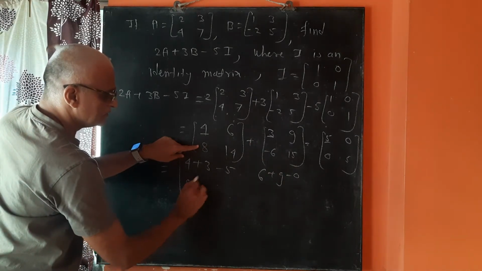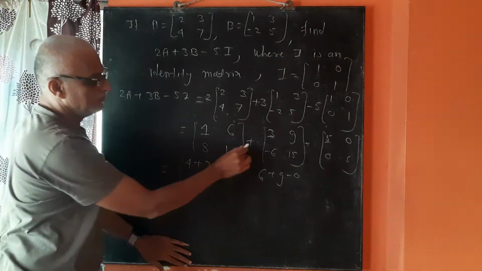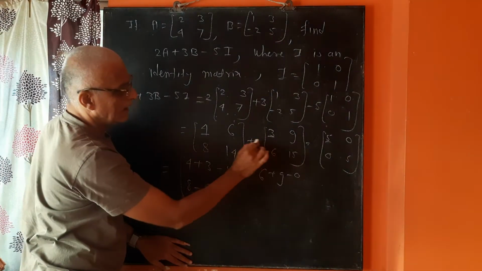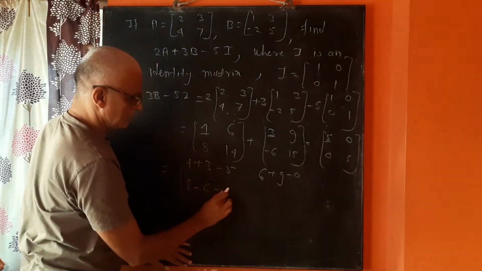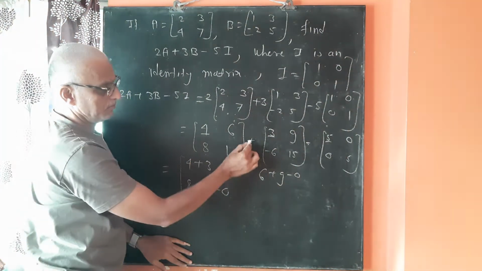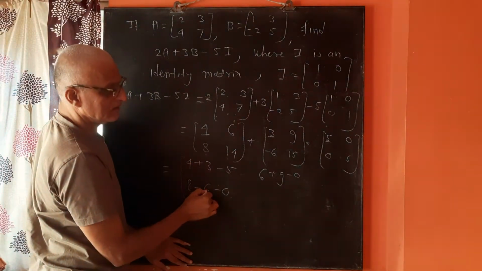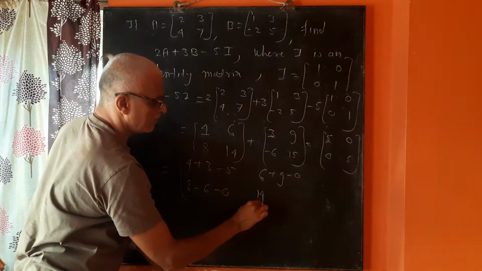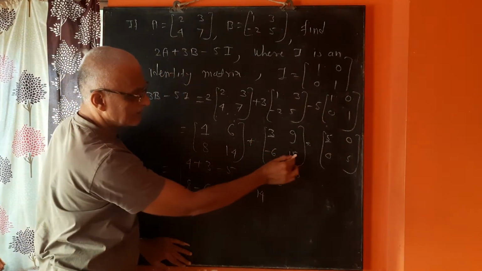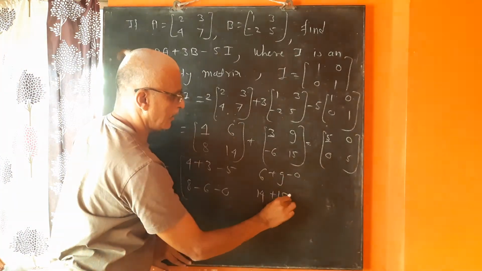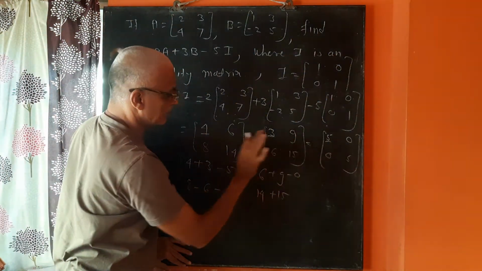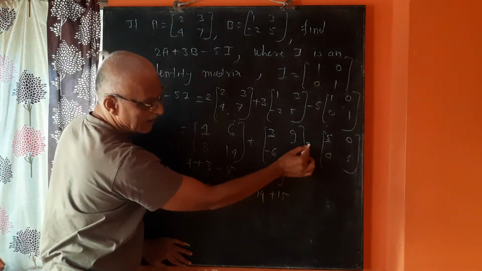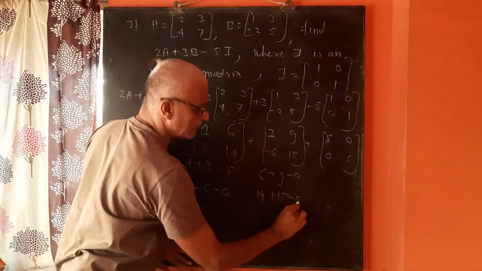So we can directly write plus of minus means minus 6, minus 0. This element plus of minus, that is minus 0. Then 14 plus 15, minus this element, that is minus 5.